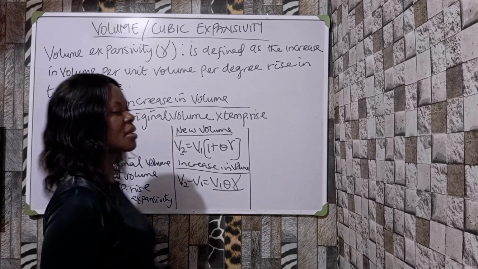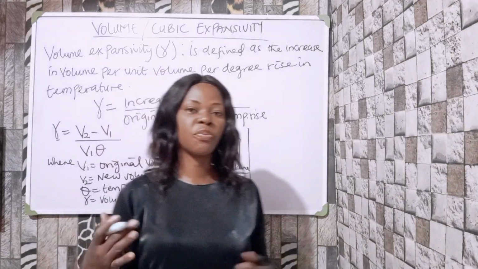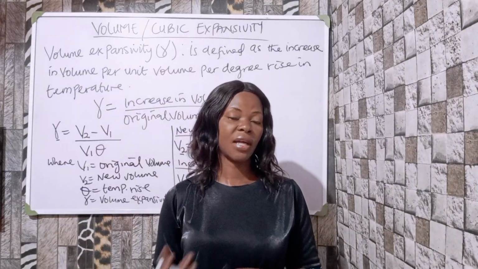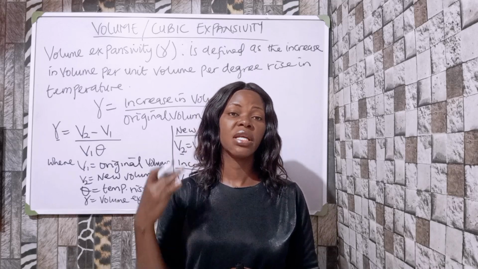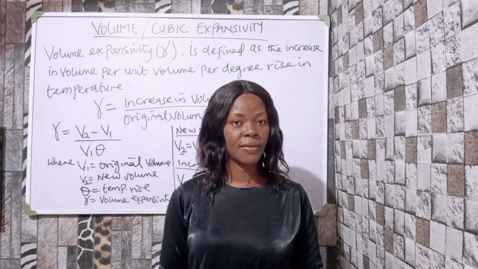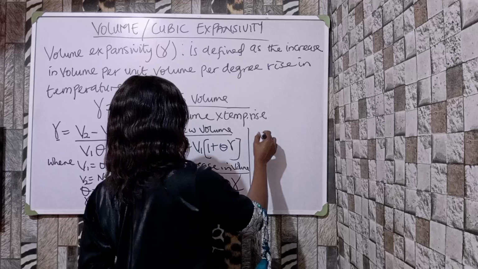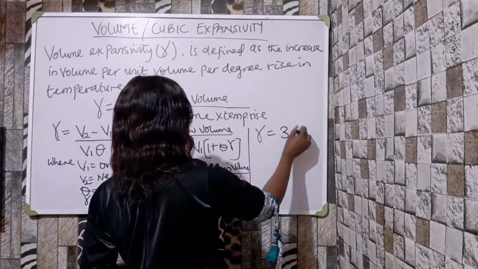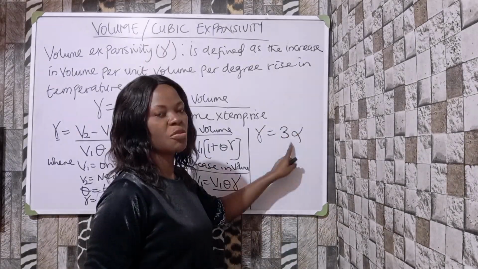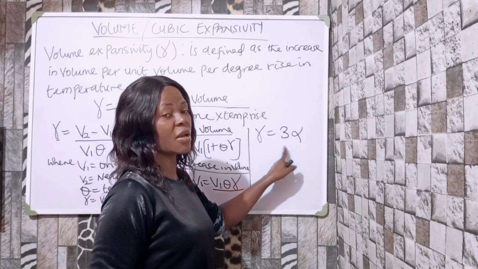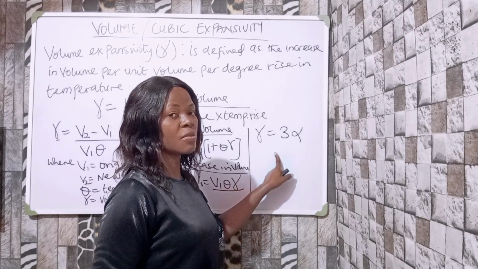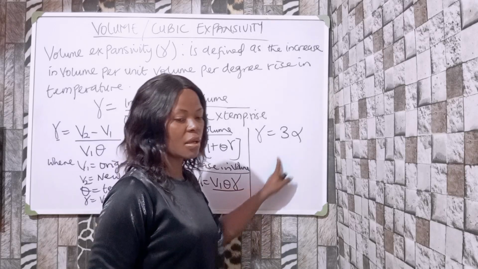Then also remember that volume expansivity may not be given, but they will give us alpha because there's a relationship between alpha and gamma, right? Okay, so we can say that gamma is equal to 3 alpha. By the time you multiply this alpha by 3, you're going to get the volume expansivity. Is that okay?